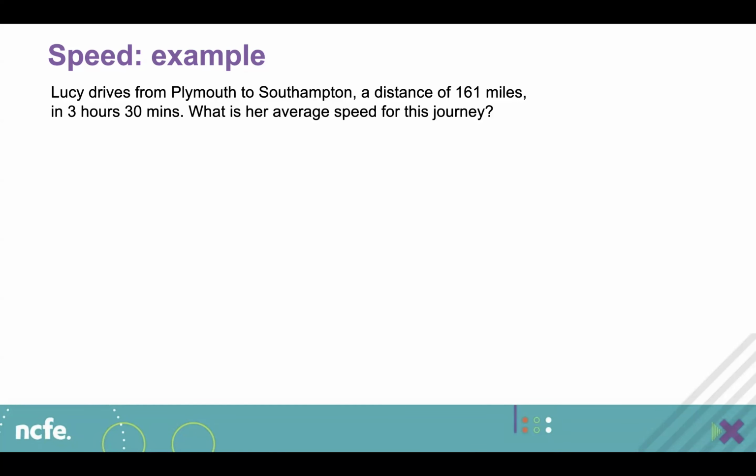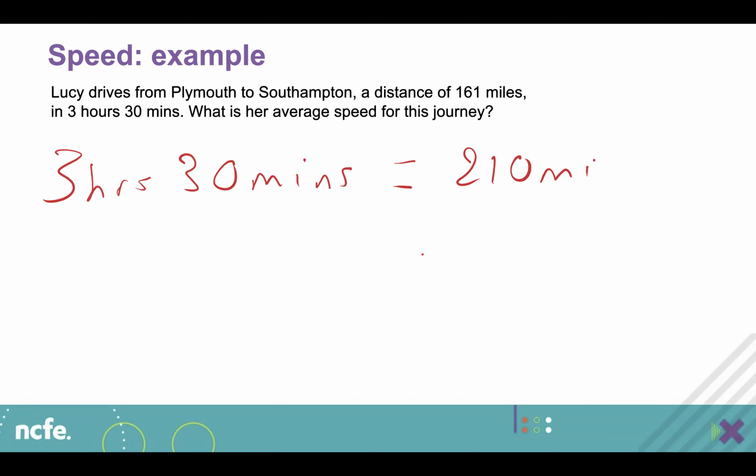So, for example, Lucy drives from Plymouth to Southampton, a journey of 161 miles in 3 hours and 30 minutes. 3 hours 30 minutes in minutes is 210 minutes. So to work out the average speed, all we do is the distance divided by the time.